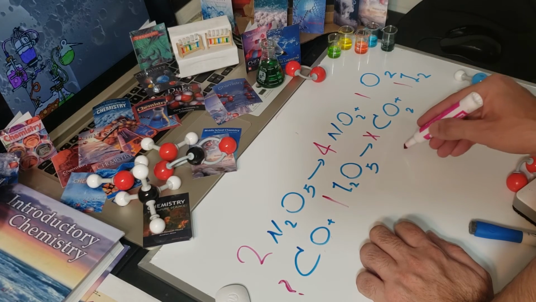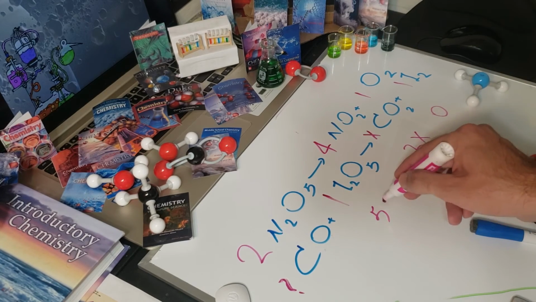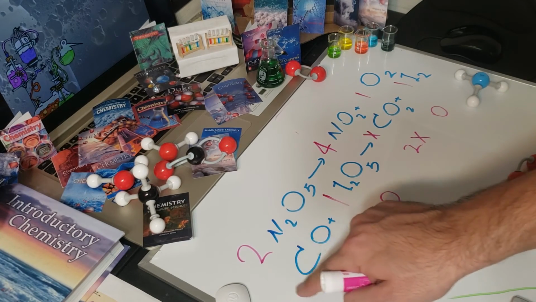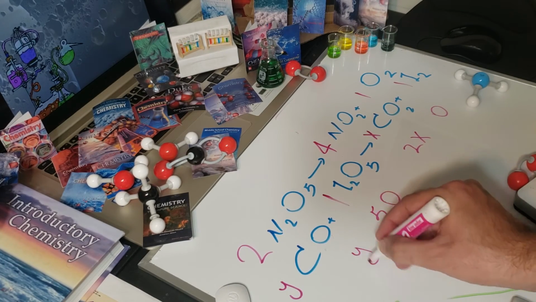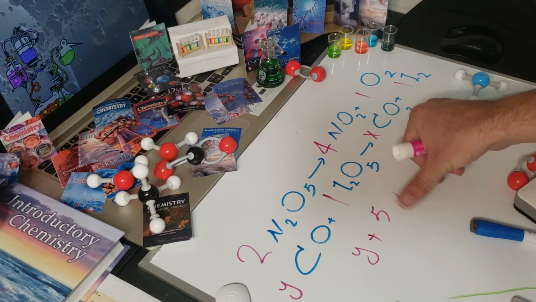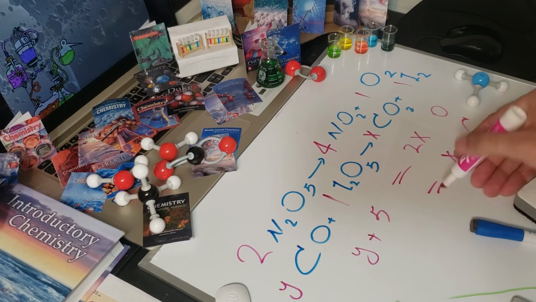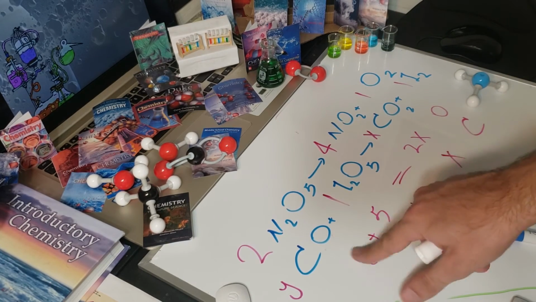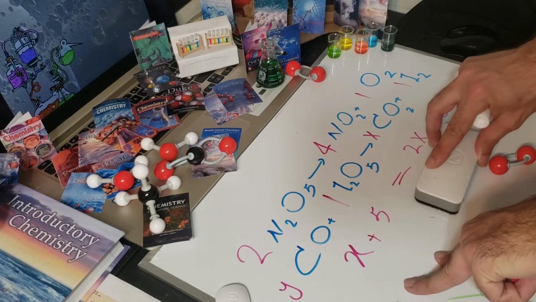If I do oxygen first, I have 2x oxygens, I have 5 oxygen here, and if I put y here, it means y plus 5 should be 2x. That's for oxygen. For the carbon, I have to say x is equal to y, because it's x times 1. So x and y are equivalent, so I could just put x in place of y in my first equation and solve for that.